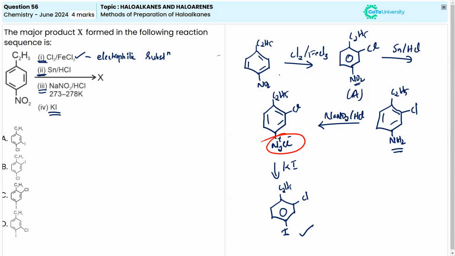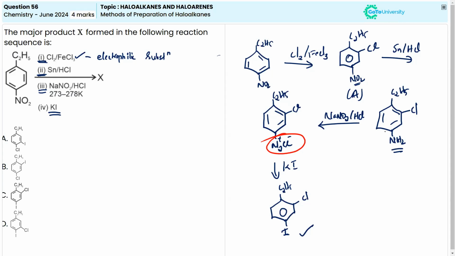So it will replace hydrogen by chlorine and produce the substituted product. This substituted product will again react with tin and HCl, which is a reducing agent. So who will undergo reduction? The nitro group will undergo reduction and get converted to the NH2 group.